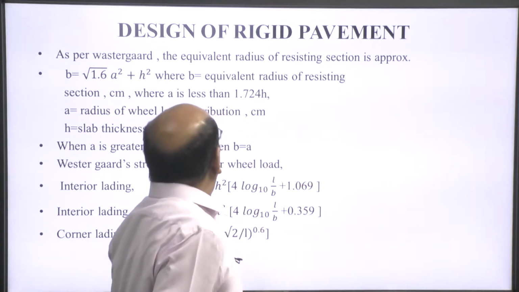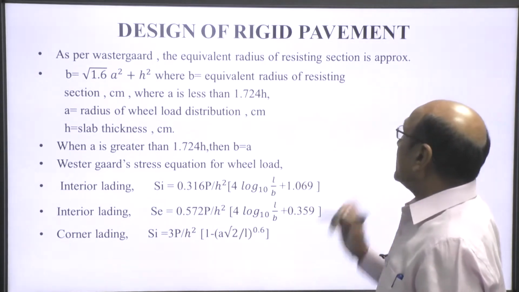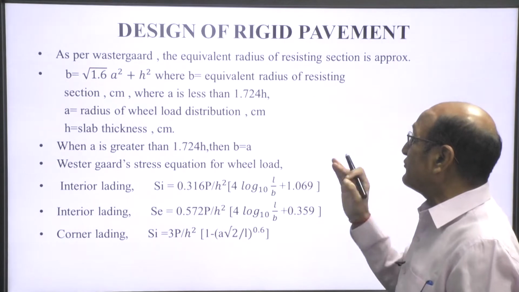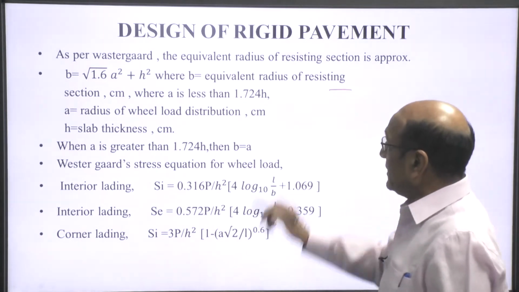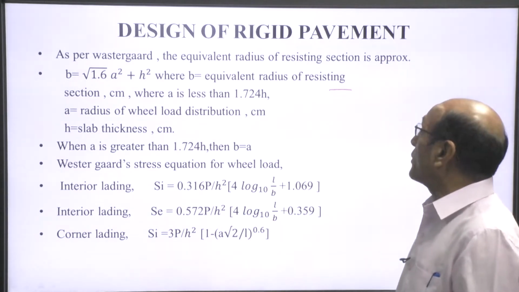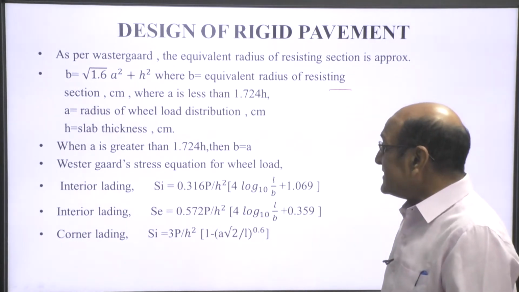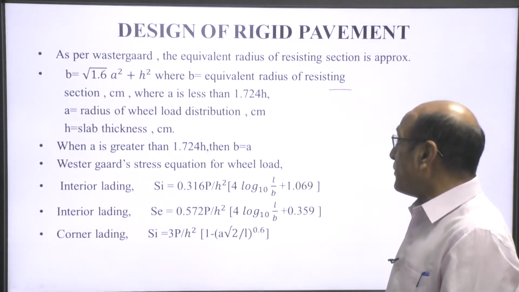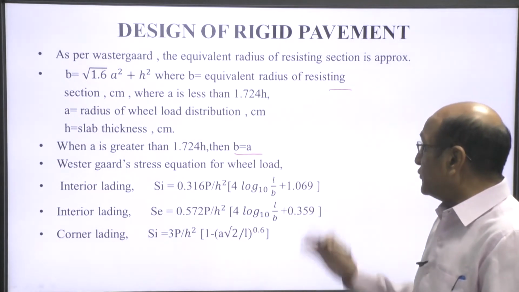As per Westergaard, the equivalent radius of resisting section is approximately b is equal to under root 1.6 a square plus h square minus 0.675 h, where a is less than 1.724 h. a is the radius of wheel load distribution in centimeter, h is the slab thickness in centimeter. When a is greater than 1.724 h, then b will be equal to h. So, this is the condition.